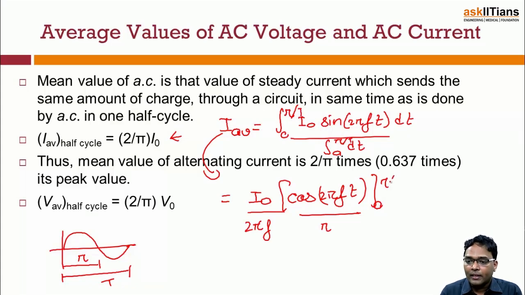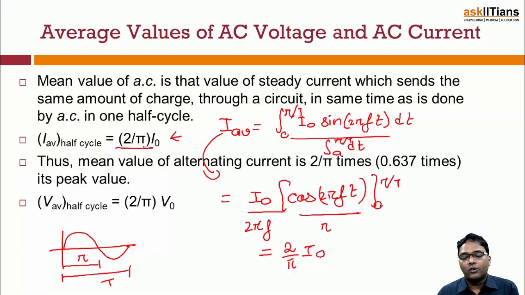So as a result I get cos pi and cos 0, and the difference gives me a factor of 2. That results in a factor of 2 by pi into I naught. The time period factor, pi by T, cancels out the factor of 2 by f, right? Okay, so this is what we get.